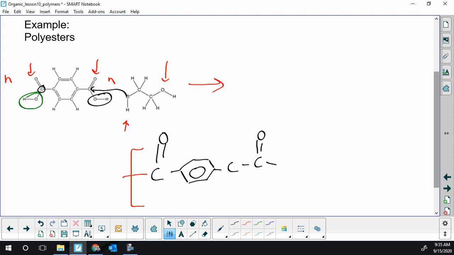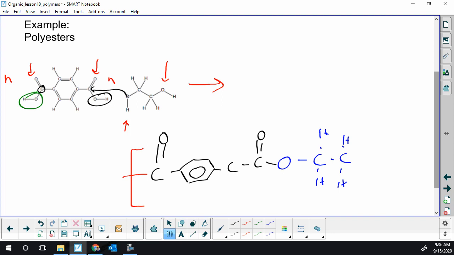So that's gone. I've got the alcohol now, and I'm just going to switch colors to emphasize when we popped in the alcohol piece. There's two carbons. And then I've got to get my repeating pattern right.